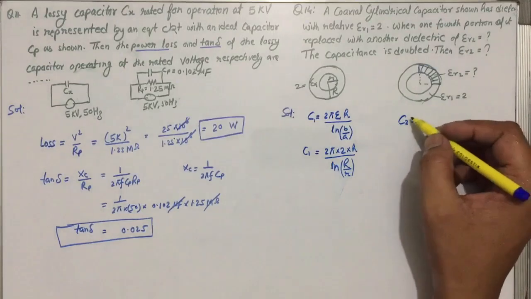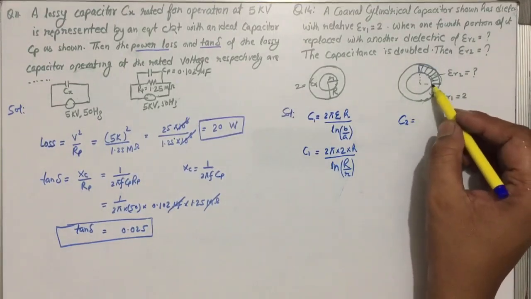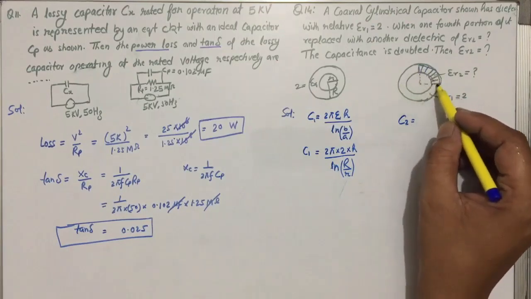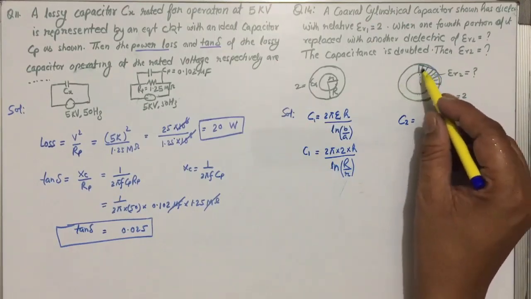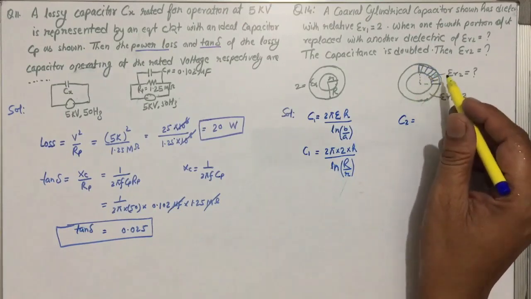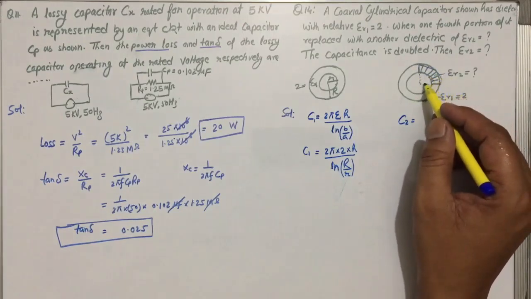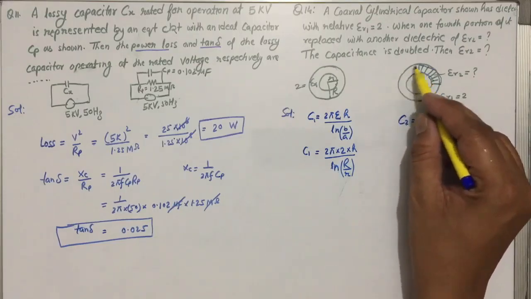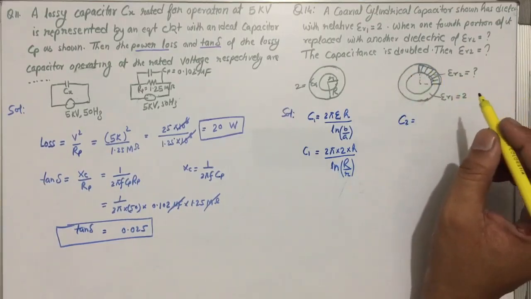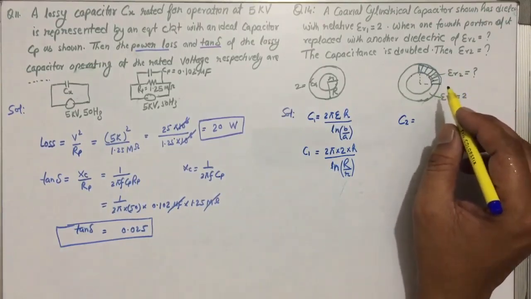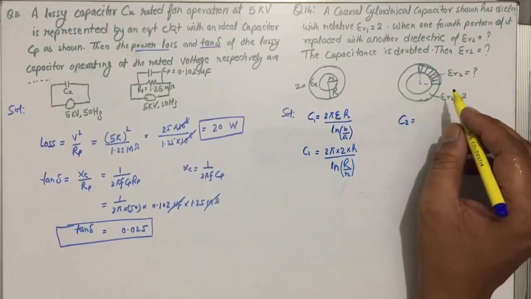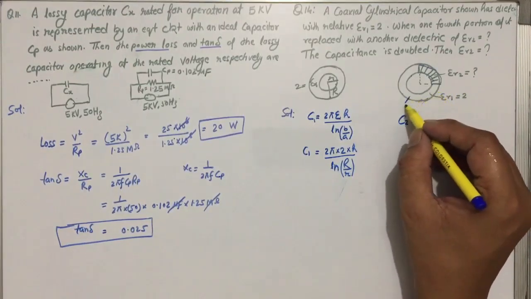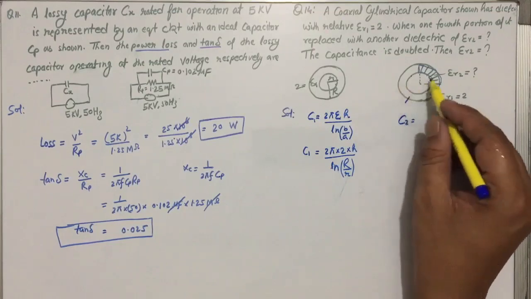In this case C2 will be the capacitance of this portion in parallel with the capacitance of this portion, because both will have the same potential. So both will be in parallel.